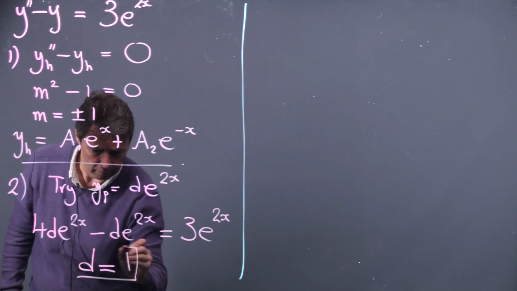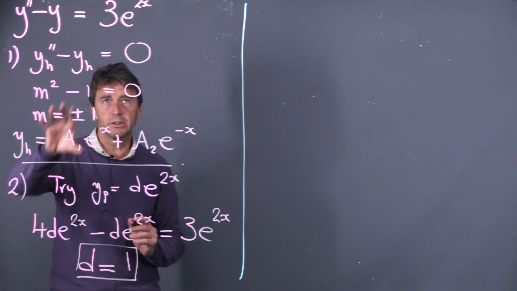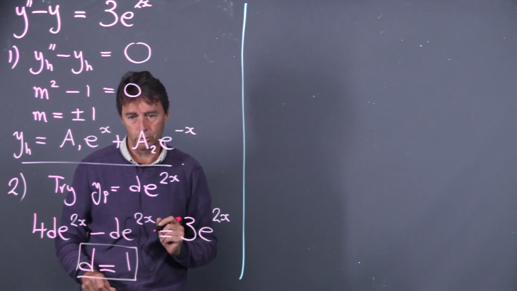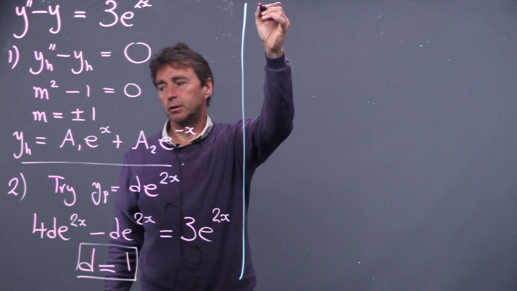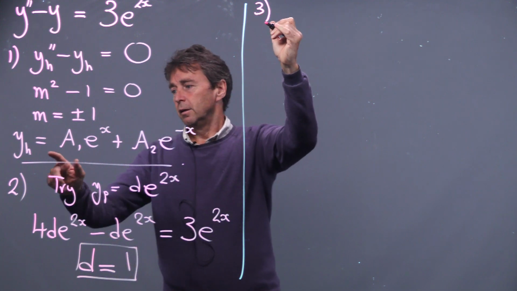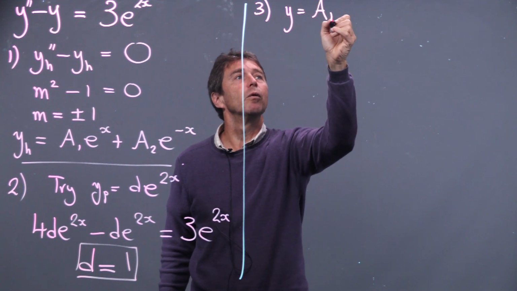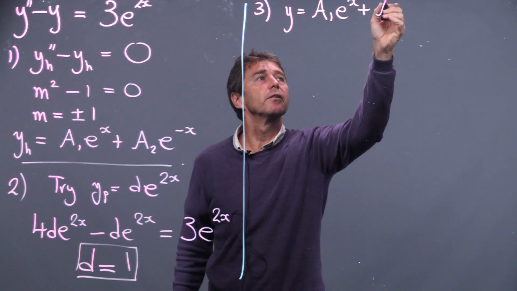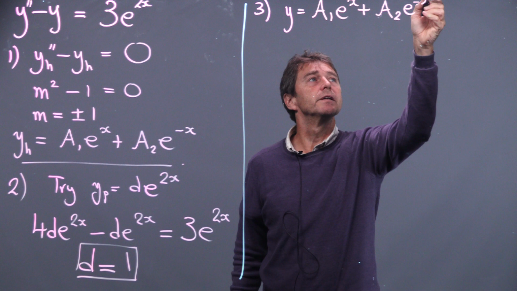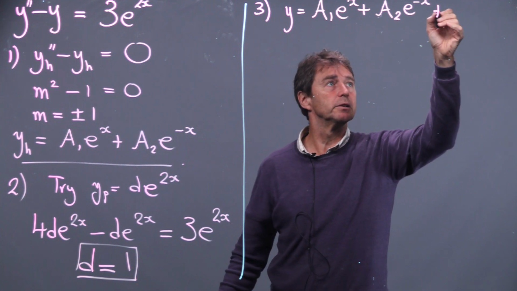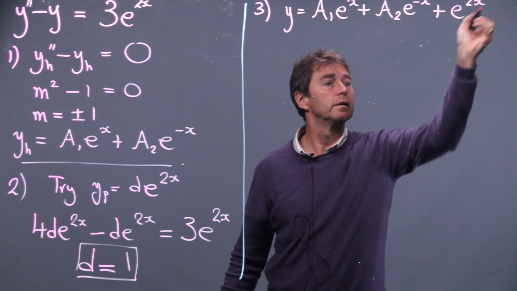So clearly, the coefficients have been nicely chosen here so that you get d is equal to 1. So the general solution, that's step 3, is to take these two things and add them together. I've got a1 e to the x plus a2 e to the minus x plus the particular solution, which is just e to the 2x.